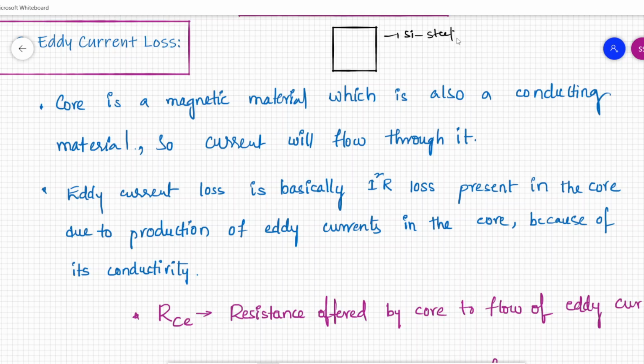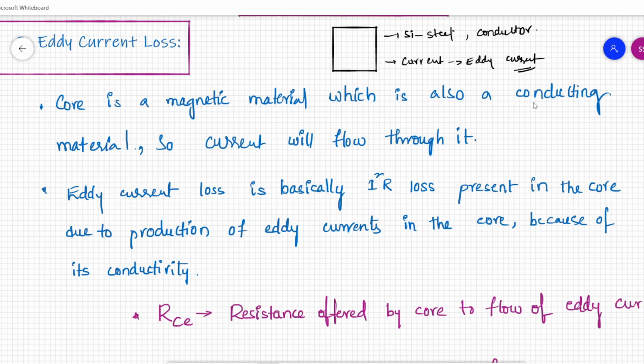This steel material is an inherent conductor, so it will also try to flow some current, and this current in the core material will drop some power. The current in the core material is called eddy current, and the power loss due to this eddy current is called eddy current loss.